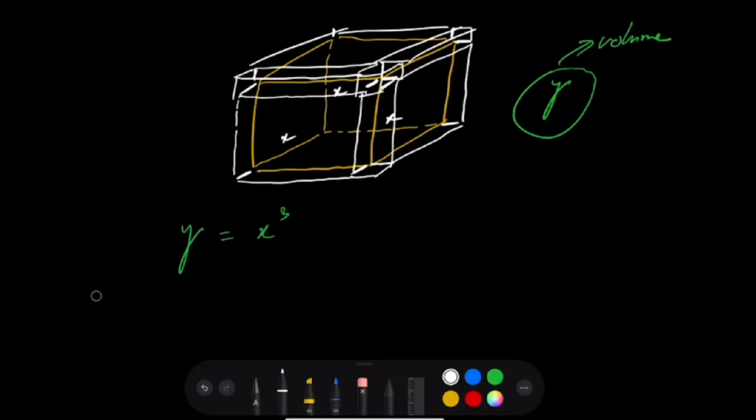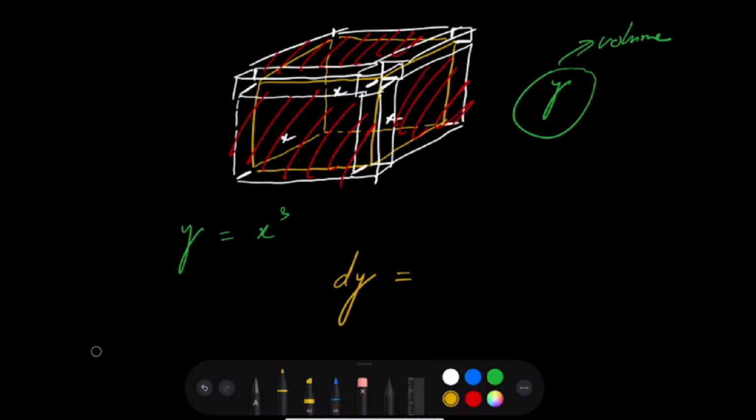Here you will have one pillar, here one pillar, here one pillar. Anyway, we have these three slabs: this red slab above, the red slab on the front, and the red slab on the side. What is the increase in volume? Increase in volume can be given as dy.